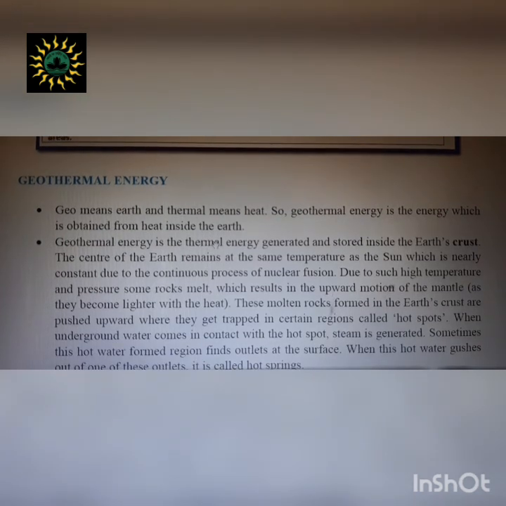Now geothermal energy: geo means earth and thermal means heat. Geothermal energy is the energy which is obtained from the heat inside the earth. Here the sun's energy is not directly connected. From the previous two cases we observed that the sun's energy is somehow related, but in this particular case the sun's energy is not responsible.